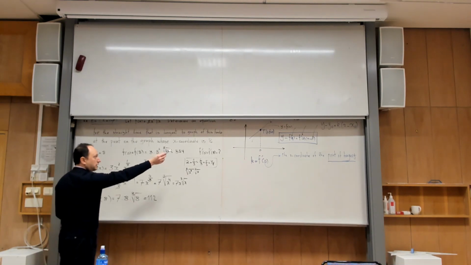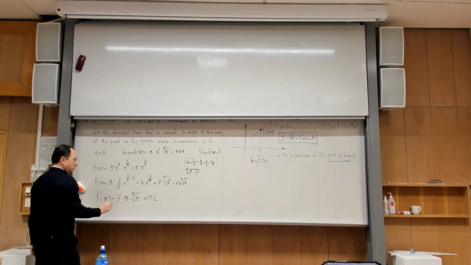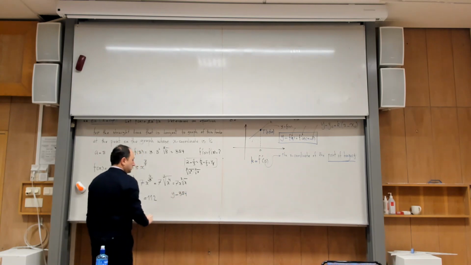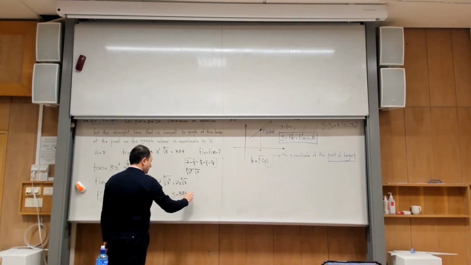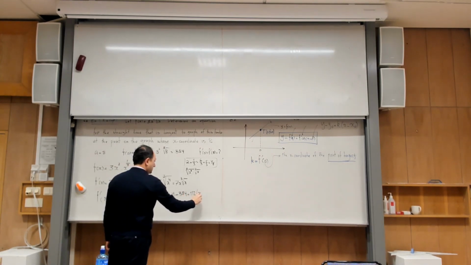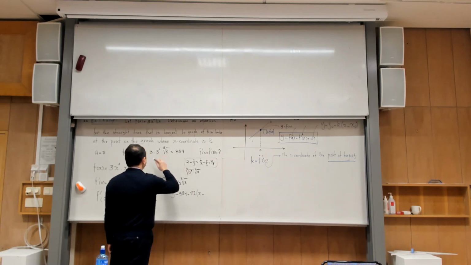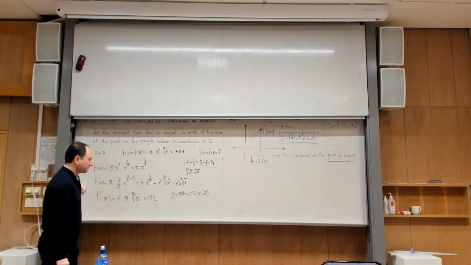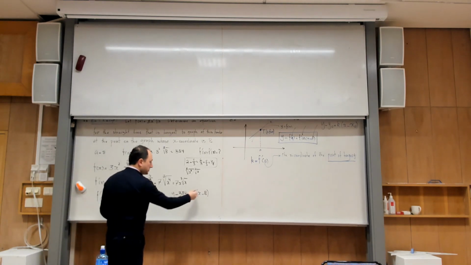So I go and put everything in that formula. So y minus f of a, which is 384, is equal to 112 times x minus a, which is 8. In principle, it's better to simplify that.